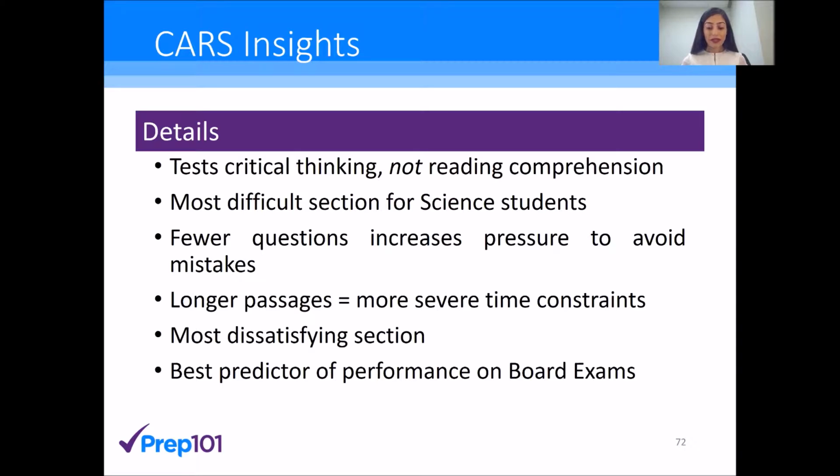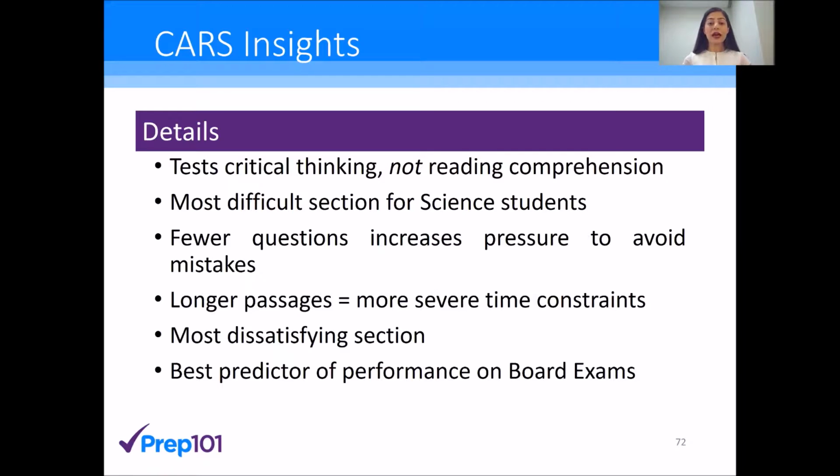The reason we call the MCAT a thinking skills test more than a science test is partially because of CARS. Well, mostly because of CARS. This section is going to test your ability to evaluate and apply ideas in prose form while you're maintaining concentration and focus simultaneously with this mounting frustration, okay? So again, it tests critical thinking, not reading comprehension.